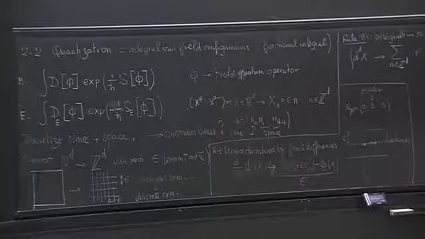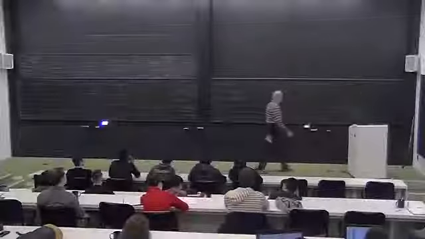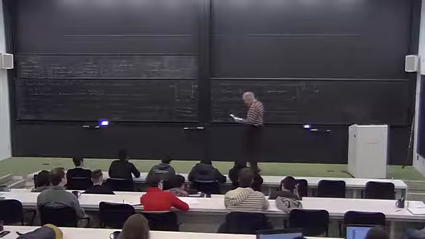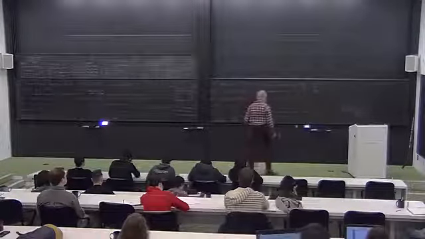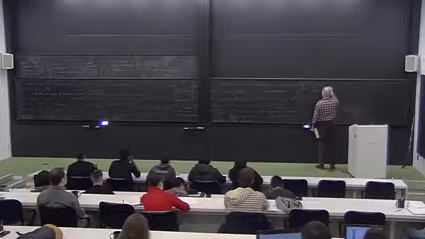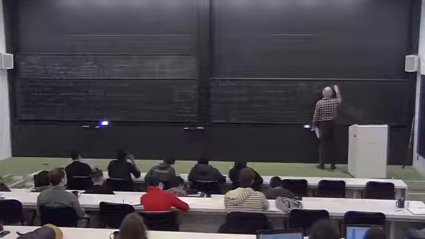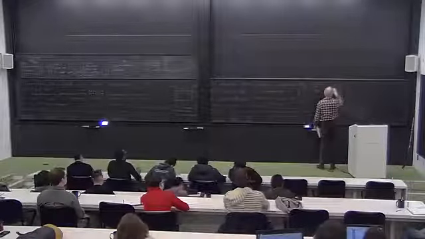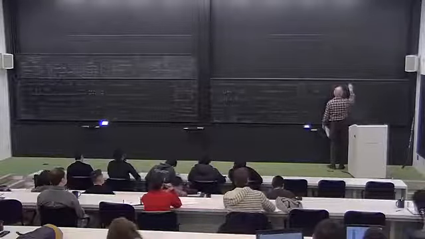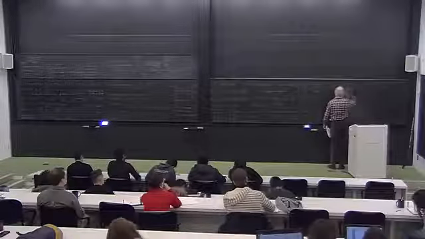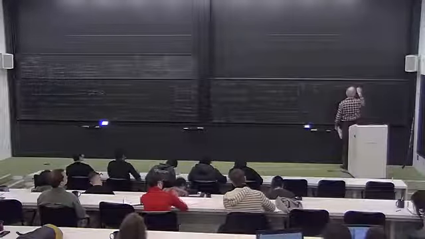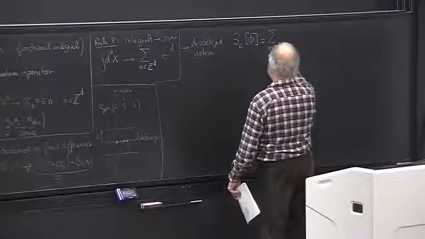So using these rules, you can obtain a discretized action. Let's call it S_epsilon of phi, which is just going to be the sum over n in Z^d.